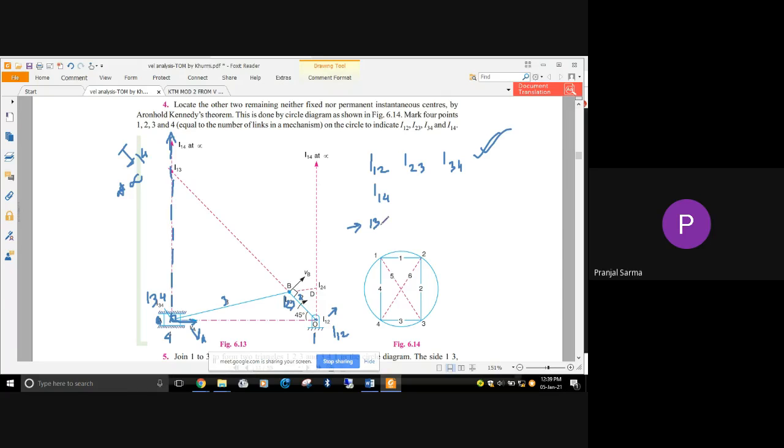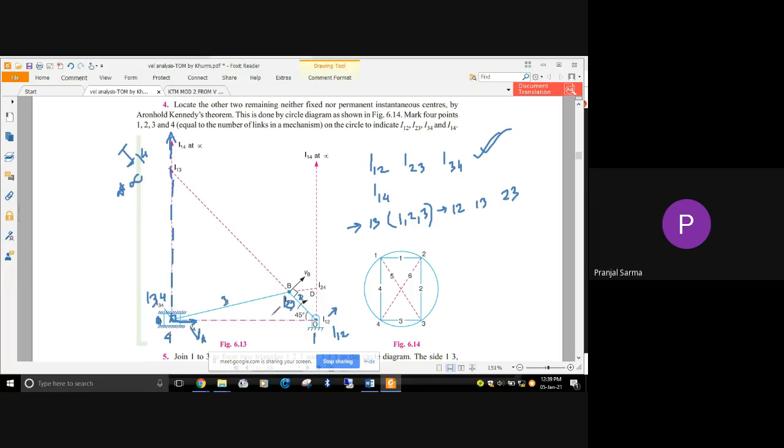For I13, we have to consider 3 bodies. Let's first consider links 1, 2 and 3. Definitely 1 and 3 I have to consider. For these 3 links, the different instantaneous centers will be I12, I13 and I23.